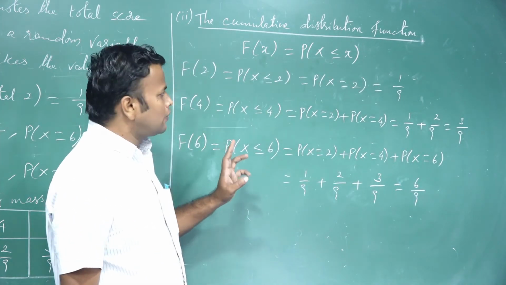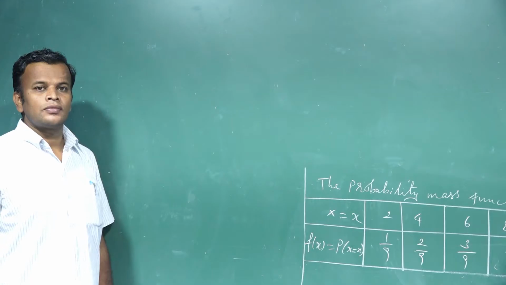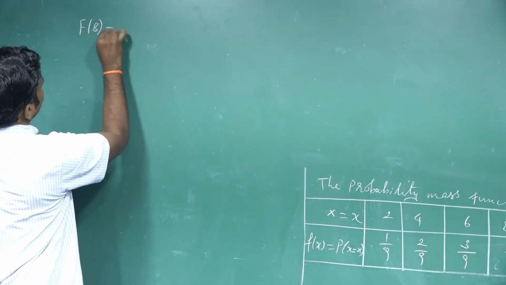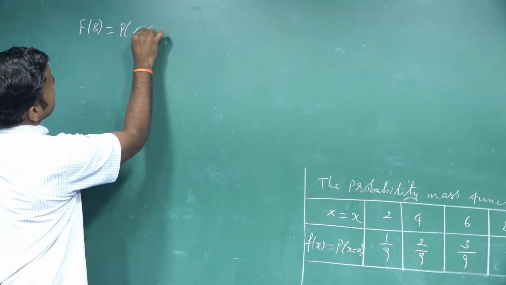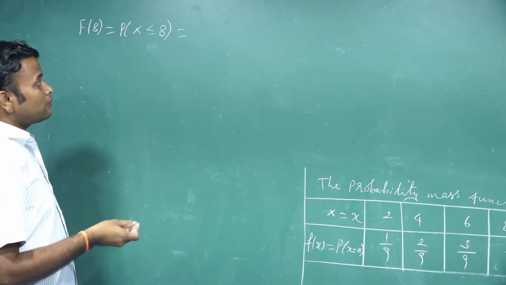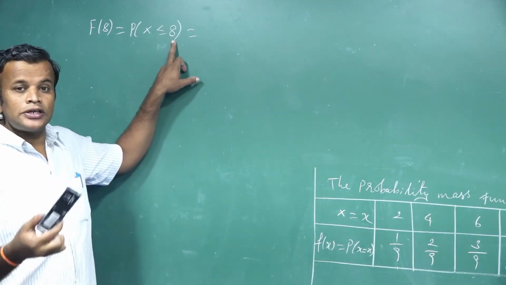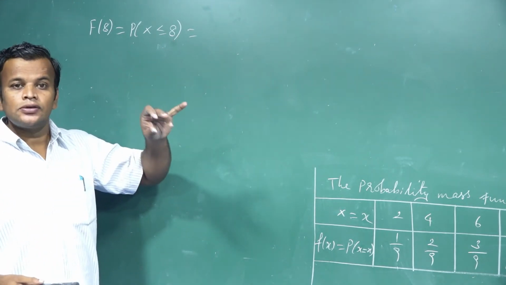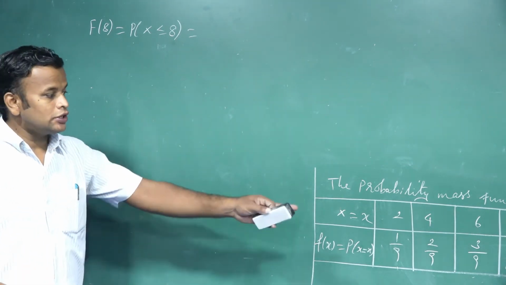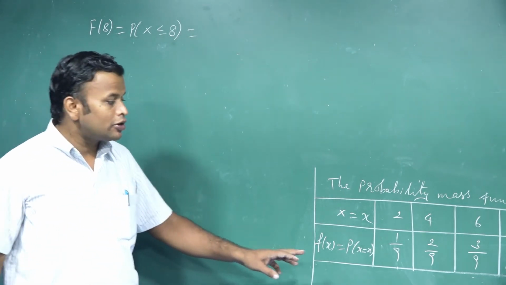Next we write f of 8 and f of 10. First f of 8. P of x is less than or equal to 8. Less than or equal to 8 means the value may be 8 or the numbers less than 8, which are 6, 4 and 2. You can add one by one or just see the probability mass table.